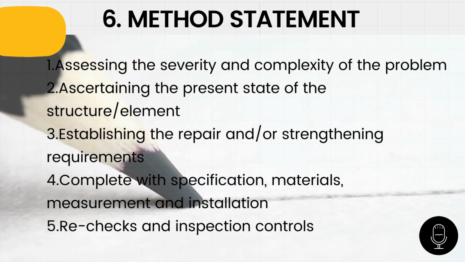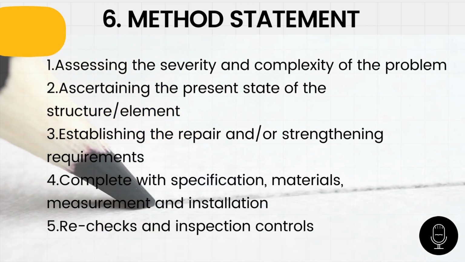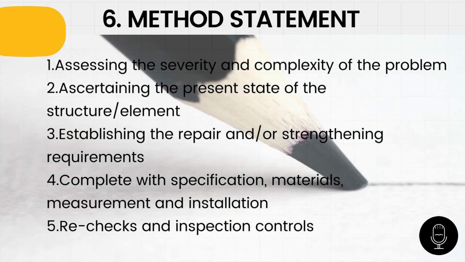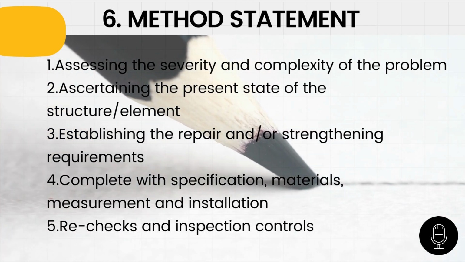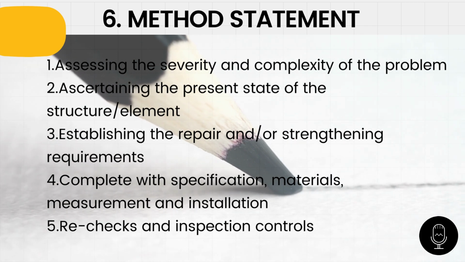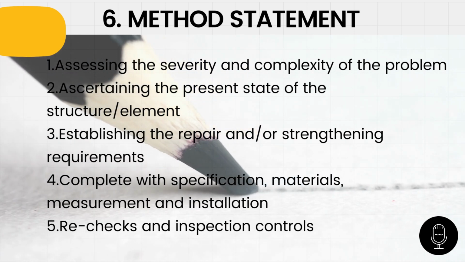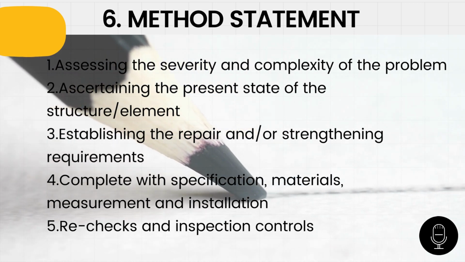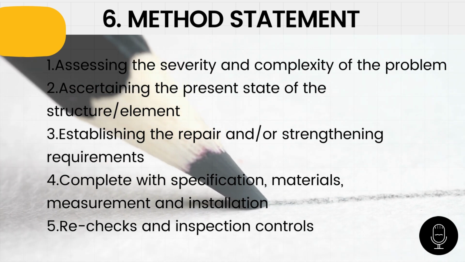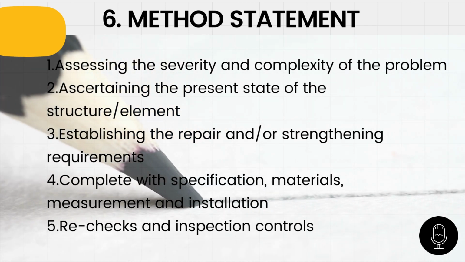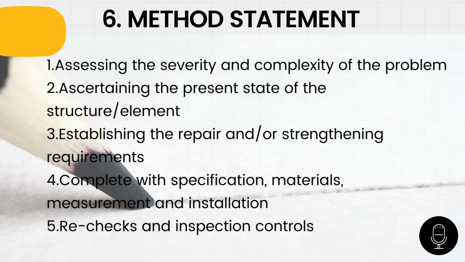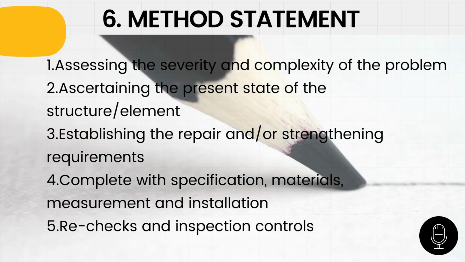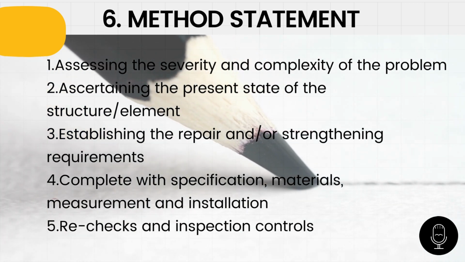Second, ascertaining the present state of the structure or element. Third, establishing the repair and or strengthening requirements. Fourth, complete with specification, materials, measurement, and installation. Fifth, rechecks and inspection controls.